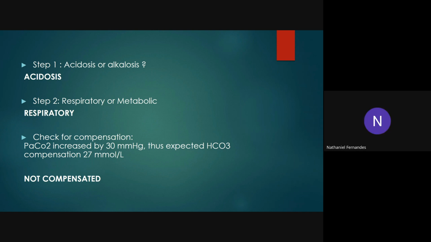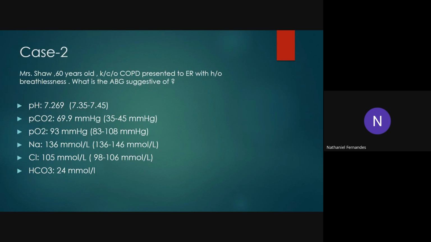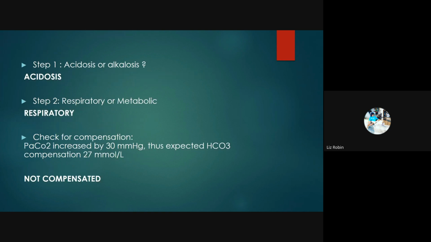So this patient already has COPD, right? Is there a possibility that you should do an acute formula, or would you use the chronic as well? You would use the chronic, so it should increase by 4 for every 10. So for 30, his should have gone up by 4.